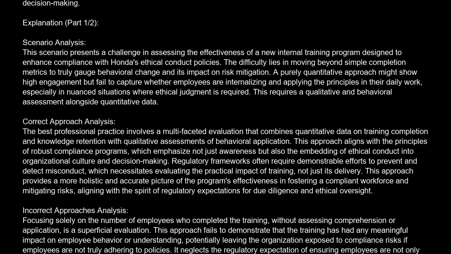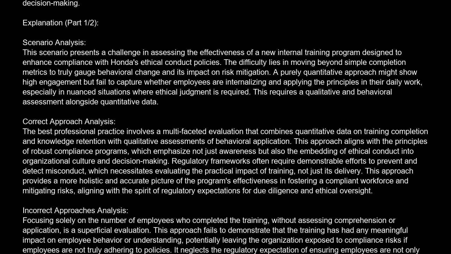Regulatory frameworks often require demonstrable efforts to prevent and detect misconduct, which necessitates evaluating the practical impact of training, not just its delivery. This approach provides a more holistic and accurate picture of the program's effectiveness in fostering a compliant workforce and mitigating risks, aligning with the spirit of regulatory expectations for due diligence and ethical oversight.